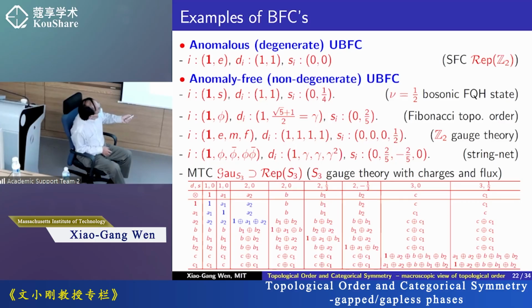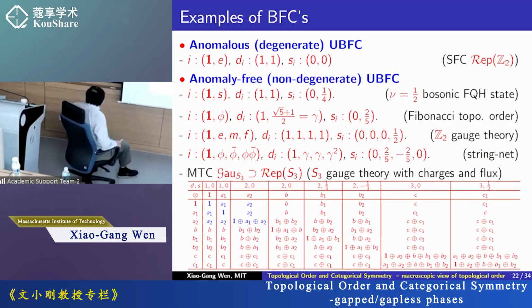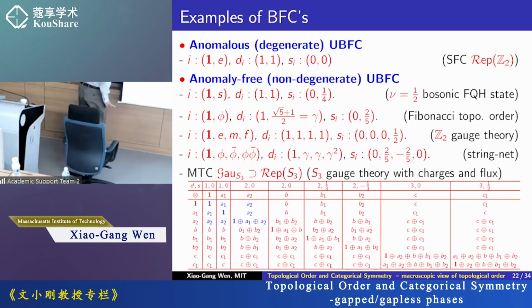This one is anomalous because, using topological spin, I think we can construct theta ijk, if I remember correctly, something like S_i plus S_j minus S_k. So if you know the topological spin, you can construct the mutual statistics.